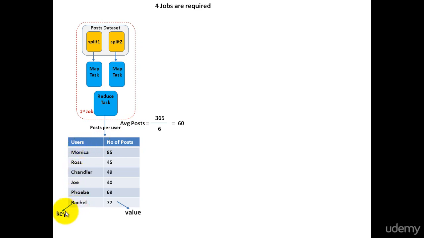Here user ID is the key and count is the value. This is nothing but our summarization pattern. Using this pattern, we will compute the number of posts per user.